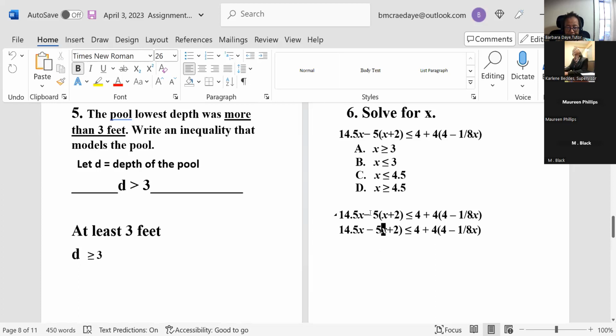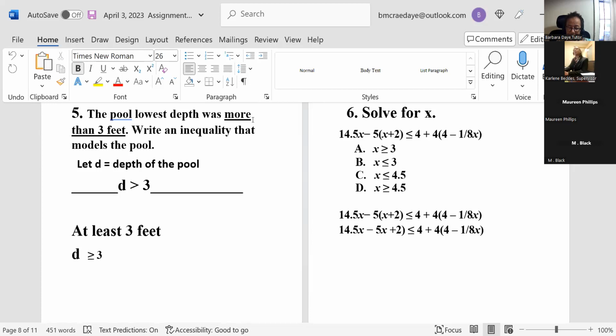Now the -5 times plus 2, what do you get? That is minus 5 times plus 2 gives you minus 3. Multiplication, Mercedes, not subtraction. -5 times plus 2.